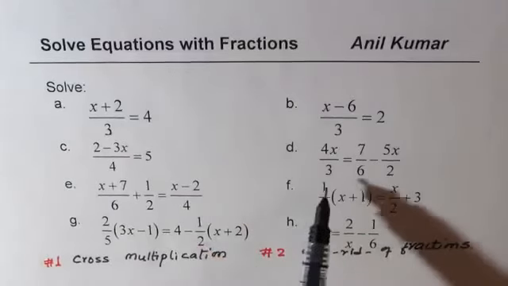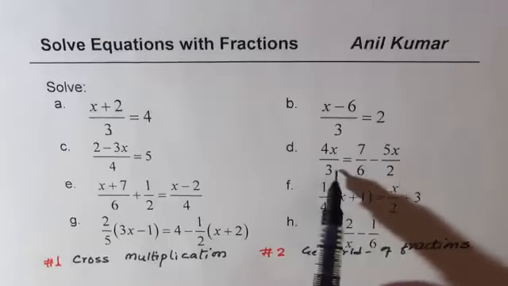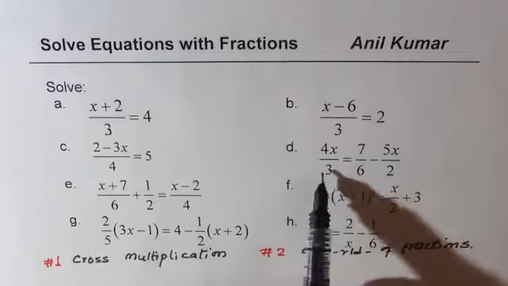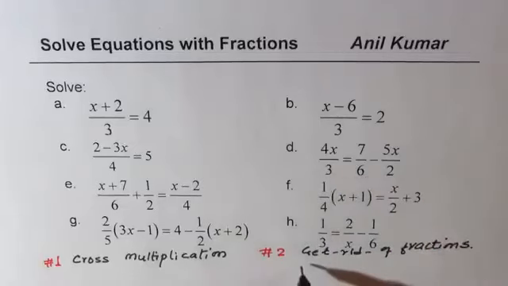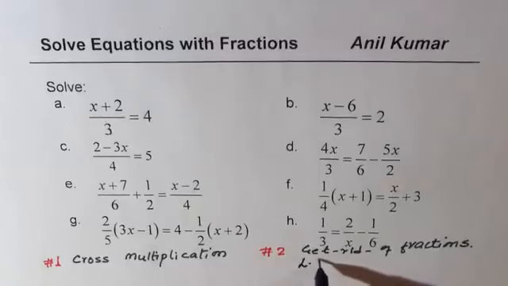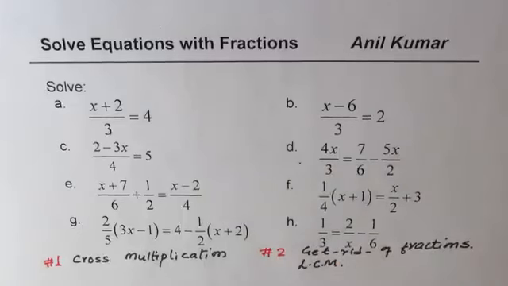Now sometimes what happens is we have different numbers, right? For example, here we have 3 terms. Here, how do we get rid of fractions? So in this case, we'll look for the LCM, lowest common multiple. We'll multiply both sides by the lowest common multiple.